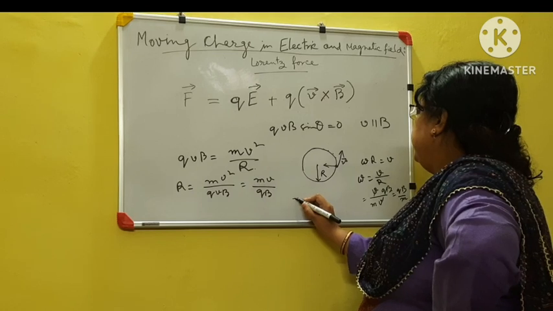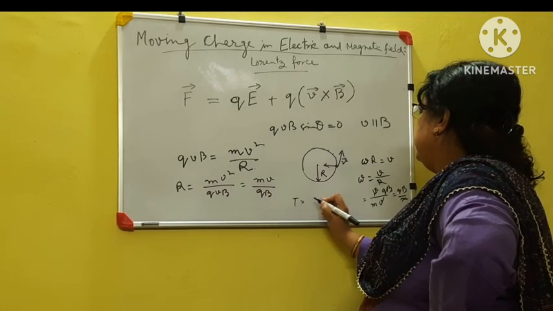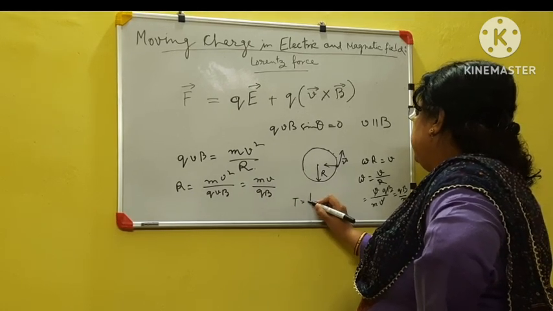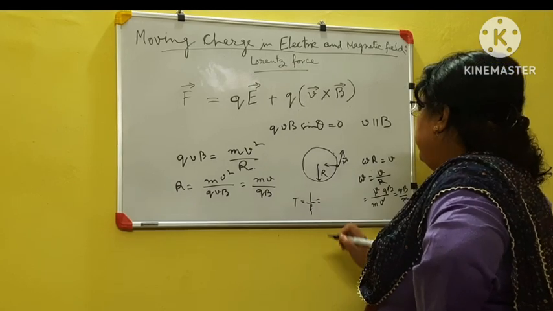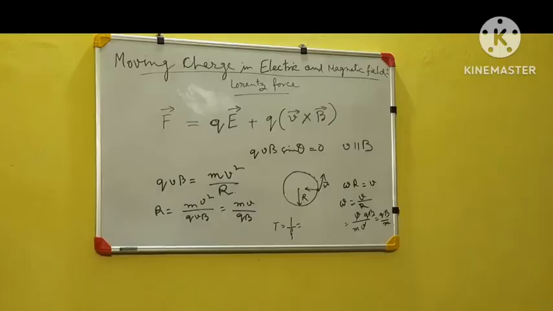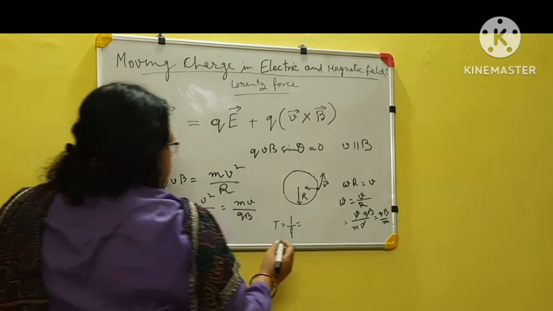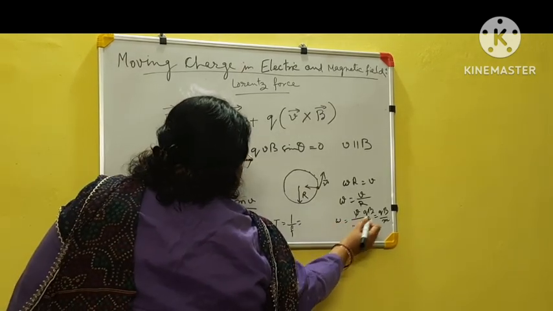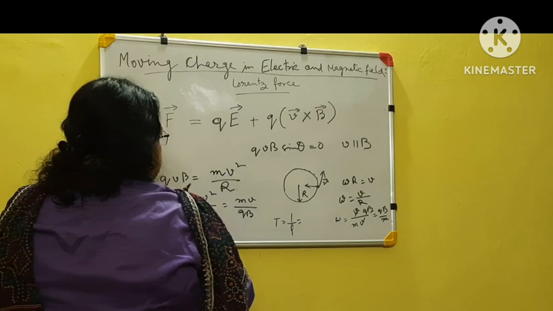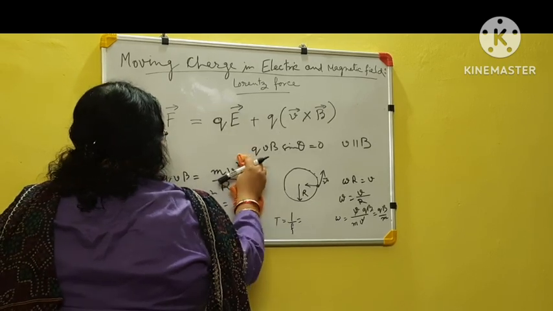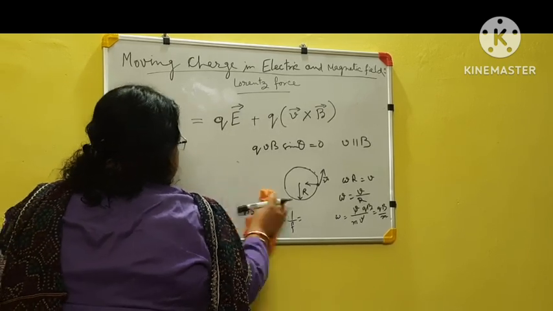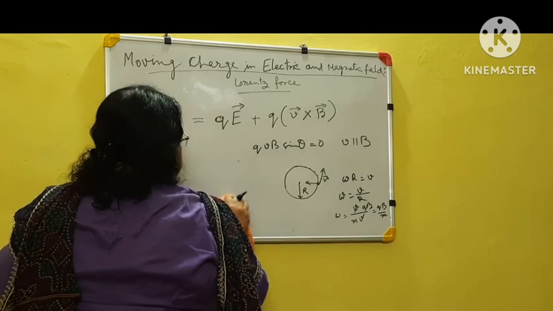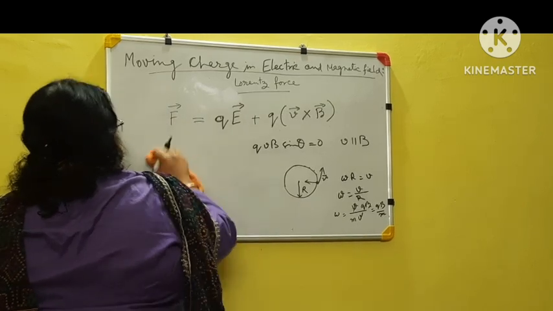Time period we can calculate from here, it is equal to 1 by frequency. From angular frequency omega, that is qB by m, we can calculate the time period of revolution of this charged particle in this magnetic field.